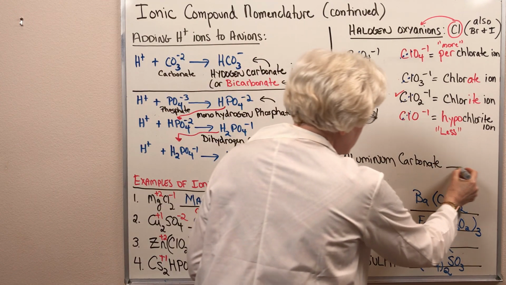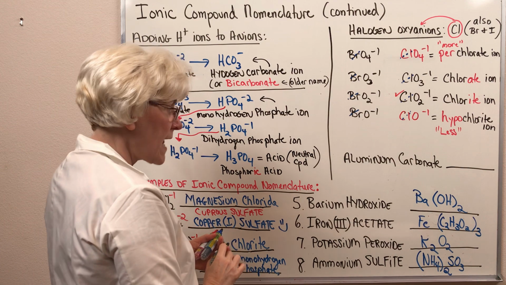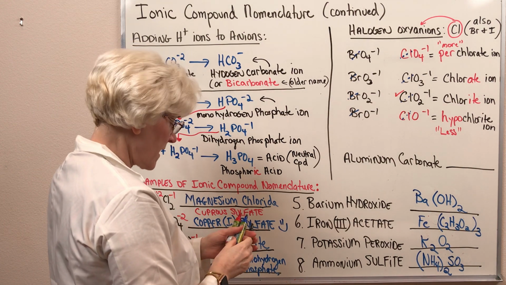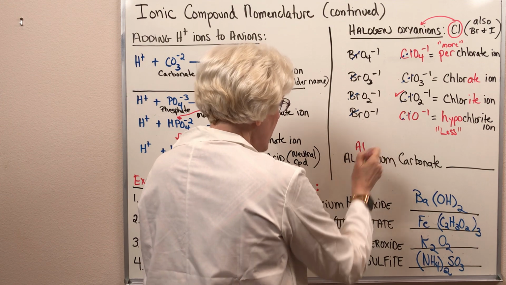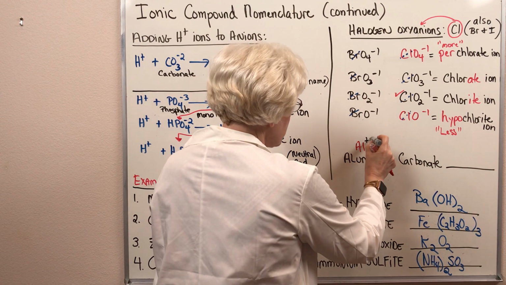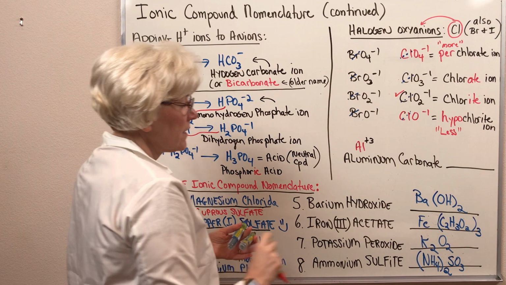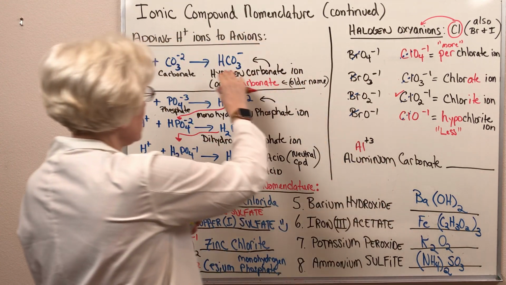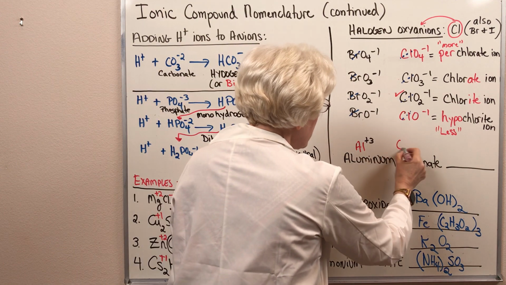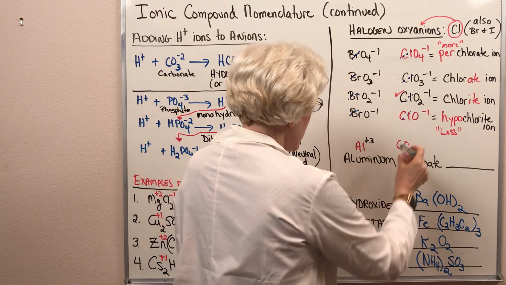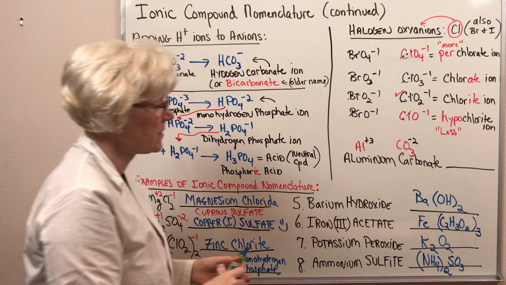And looking at this name, I know that the aluminum ion has a symbol of Al with a +3 charge to it. Carbonate, we were just looking at carbonate when we began this discussion. CO3 with a -2 charge.